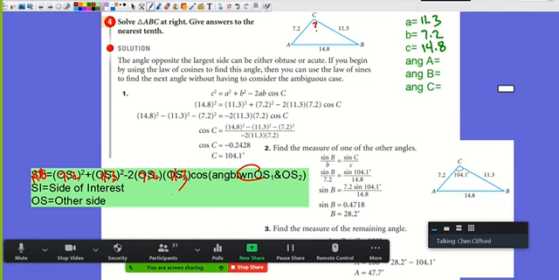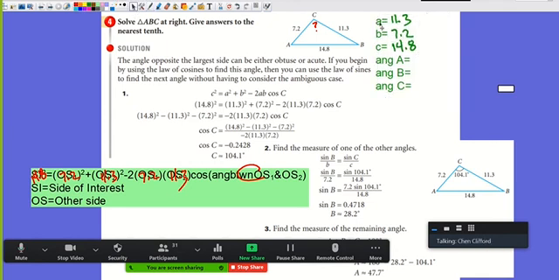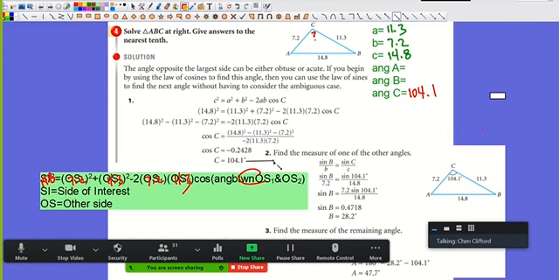And that's how they got the 104 right here for angle C. 104.1. Boom, and that's angle C.